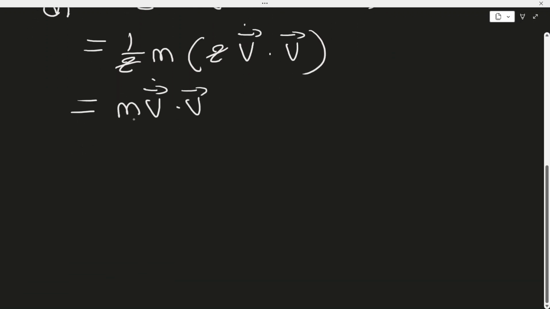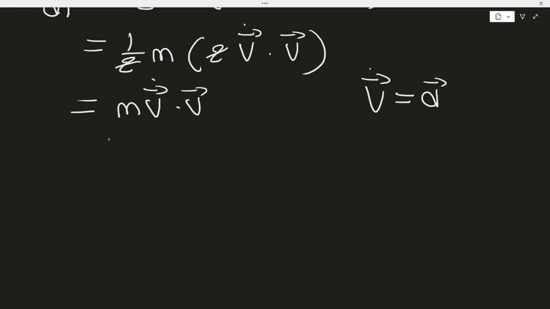Now we know clearly that mass times acceleration is nothing but force. Remember, the time derivative of velocity is nothing but acceleration. So we can write this as force dot product with velocity.